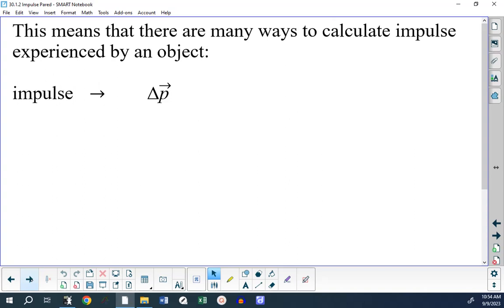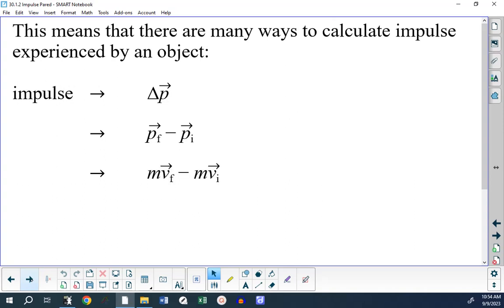We do not have a special symbol for impulse in high school physics. There is a symbol that's used, but I'd rather not even talk about what it is because it can cause confusion. If you want to write out symbols for impulse, you write delta p with a vector above it. But since delta means final minus initial, impulse is final momentum minus initial momentum.